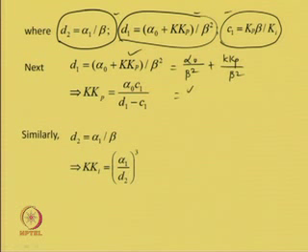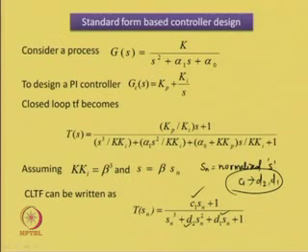Again, this can be written as alpha0 upon beta cube times beta in the numerator plus k Kp beta upon beta cubed. Now, beta cubed we know is equal to k Ki.